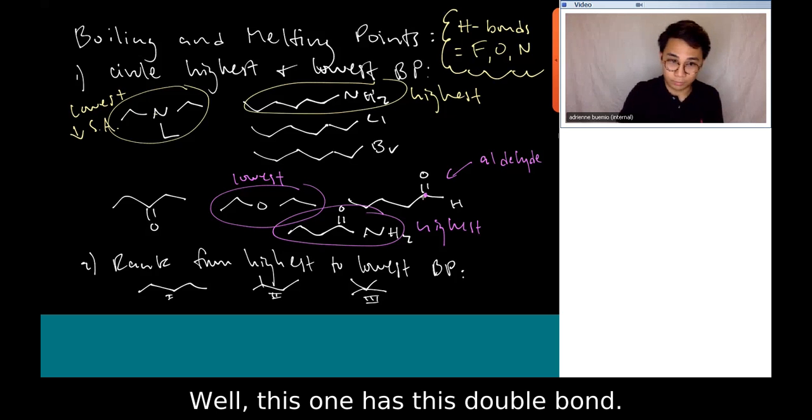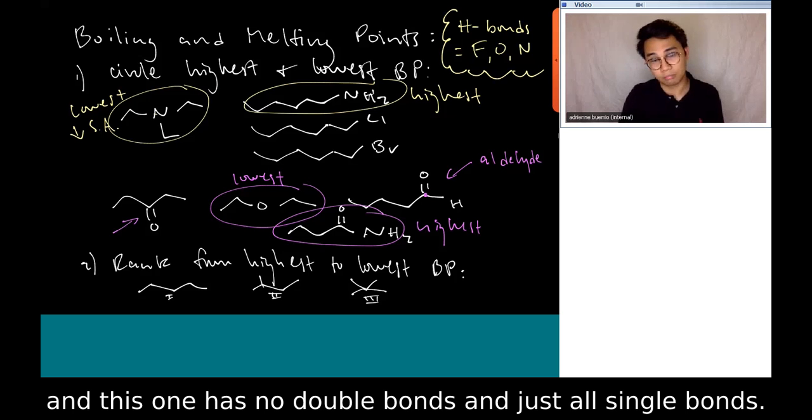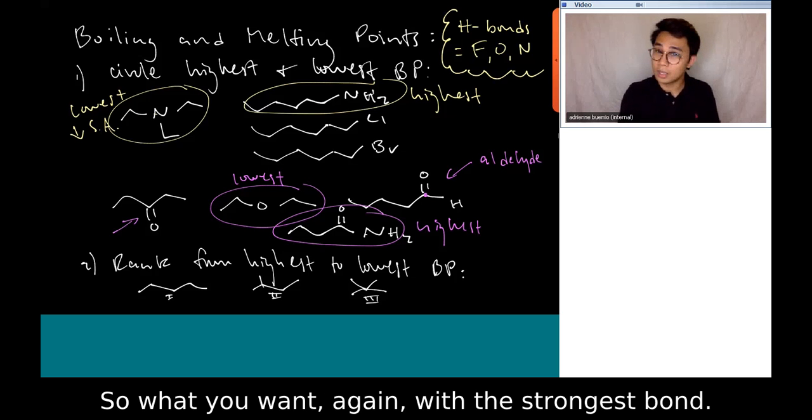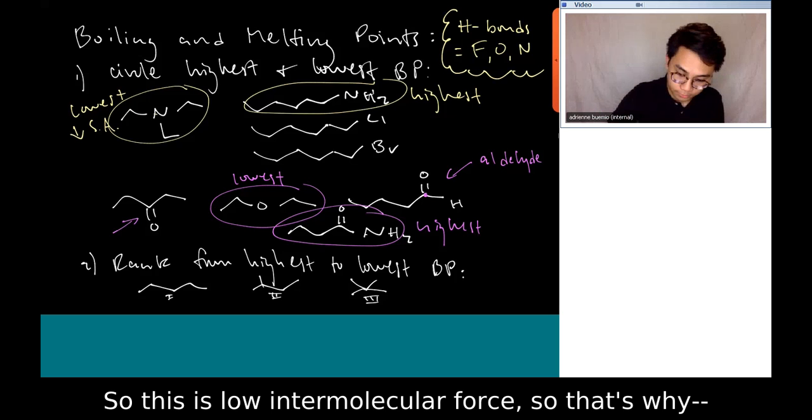Well, this one has this double bond, and this one also has a double bond, and this one has no double bonds, just all single bonds. So which one, again, has the stronger bond, right? Double bonds are obviously stronger than single bonds. So this is low intermolecular force. So that's why, right?